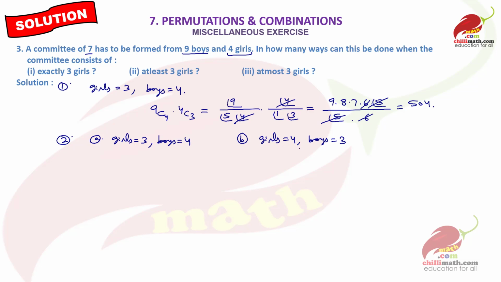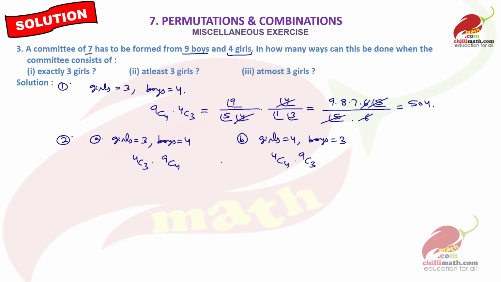Can girls be 5? No, because total we have 4 girls, we cannot have 5 girls. This A part can be done in how many ways? Out of 4 we need 3 girls, and out of 9 boys we need 4 boys. B part is 4 girls out of 4 and 3 boys out of 9.